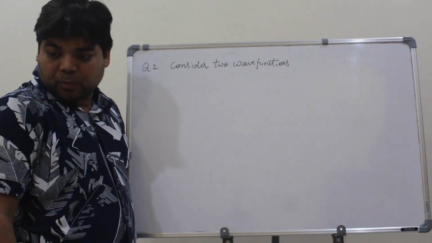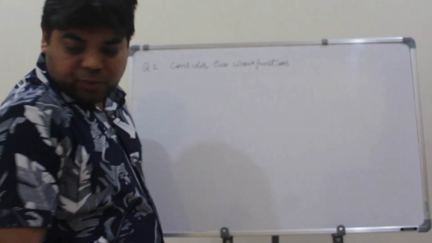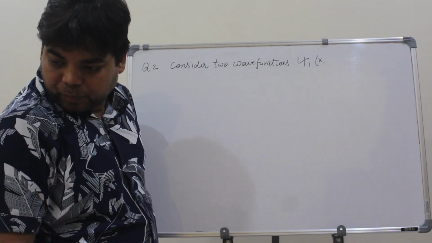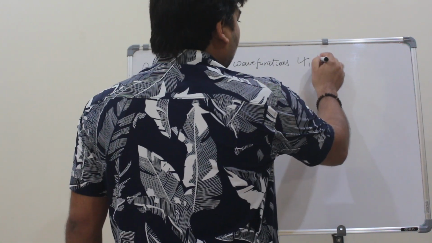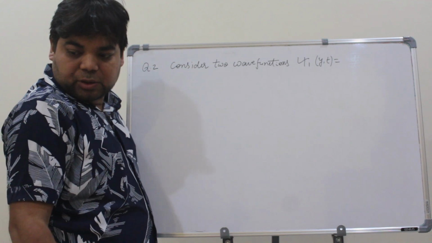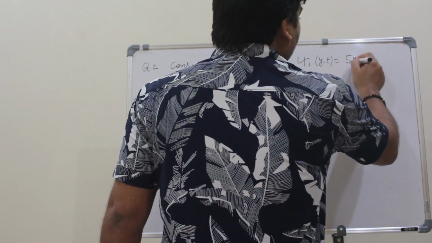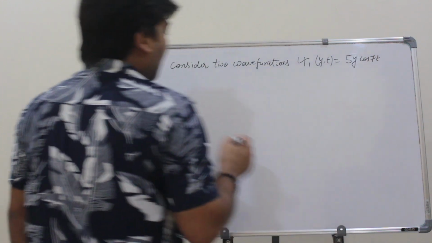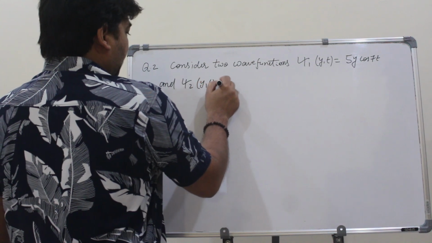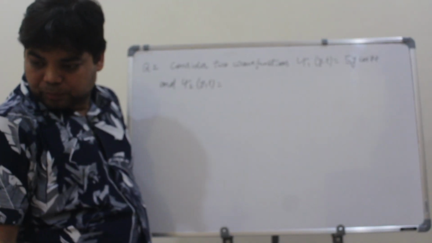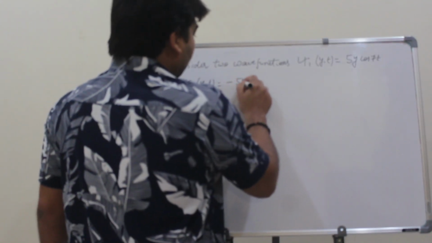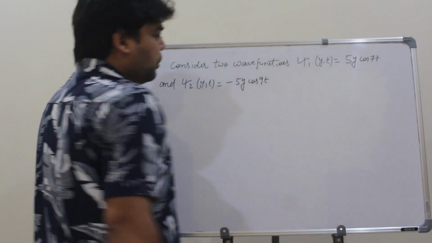Psi1 of y, t, sorry, y, t, as 5y cos 7t, and psi2 of y, t as minus 5y cos 9t.